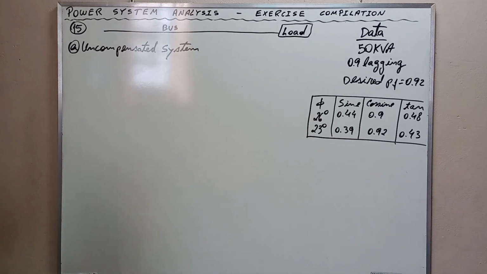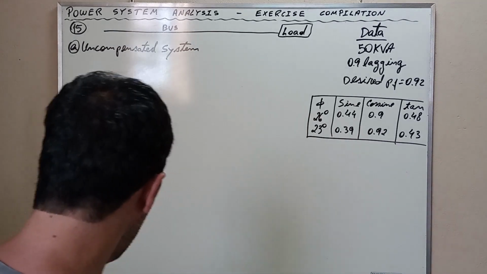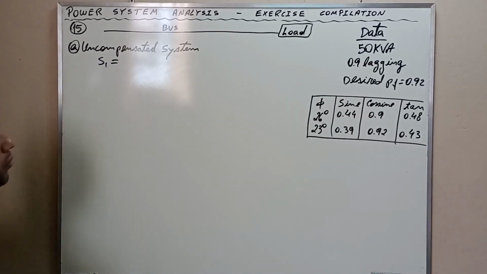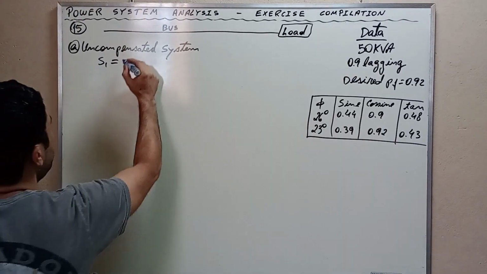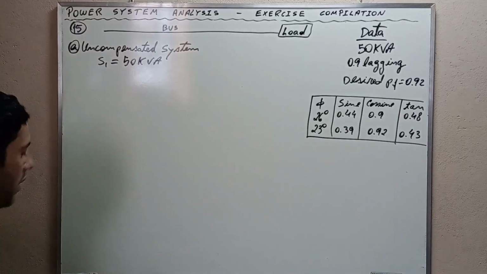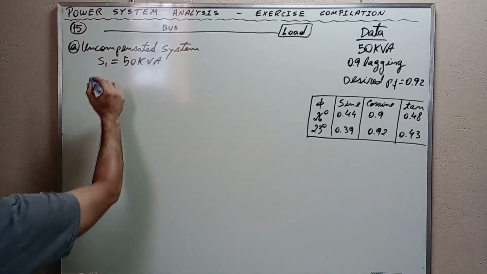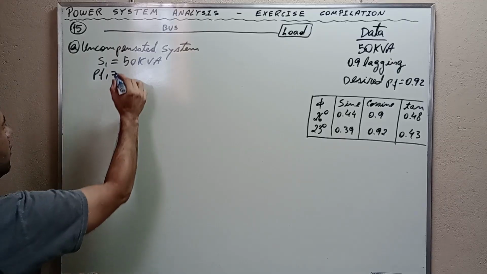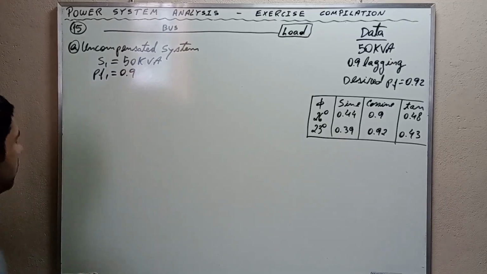Let's work on the uncompensated system first. I'm gonna call the apparent power of the uncompensated system S1, which is equal to 50 kVA. Alright, and the power factor of the uncompensated system is 0.9.